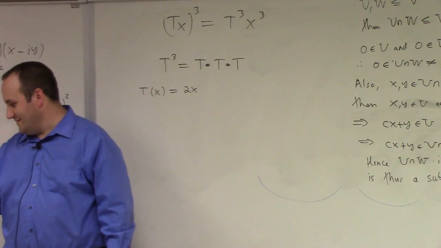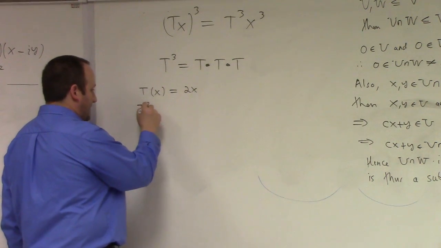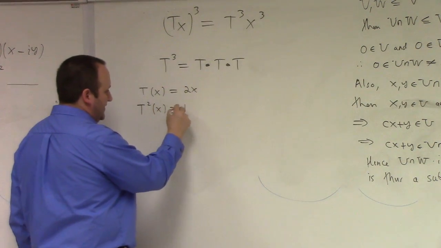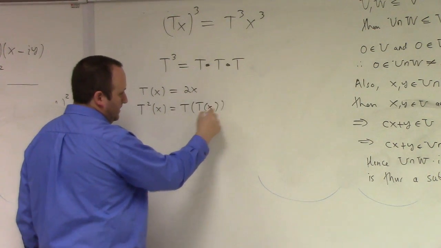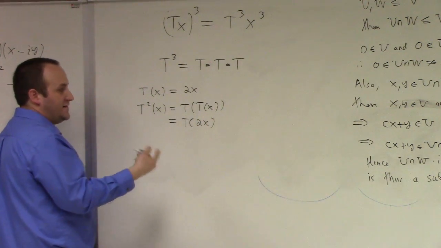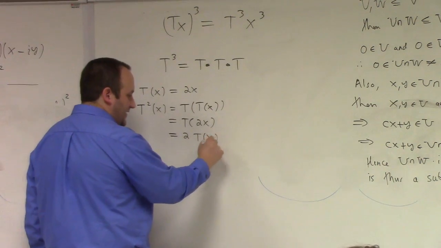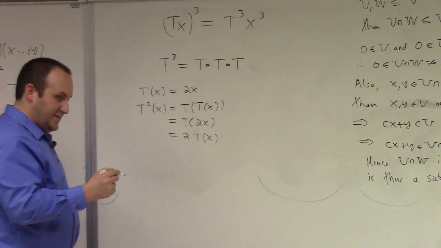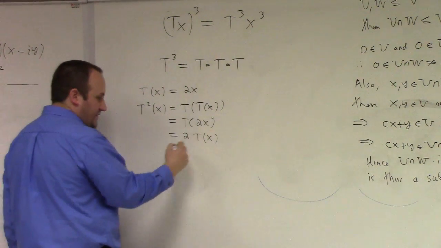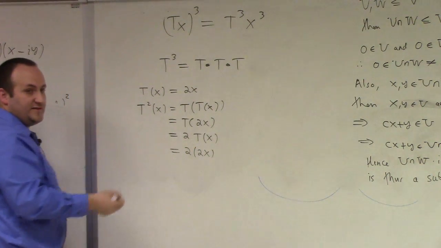All right. So T squared of x is what? This means T of T of x, right? Which means T of 2x, because x is an eigenvector with eigenvalue 2. The 2 pulls out because T is homogeneous, because it's linear. That was given. And then you get 2 times 2x.